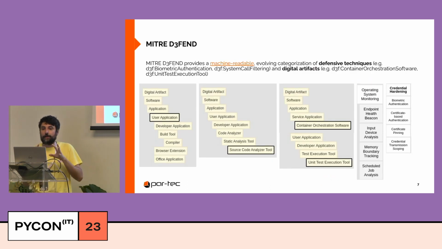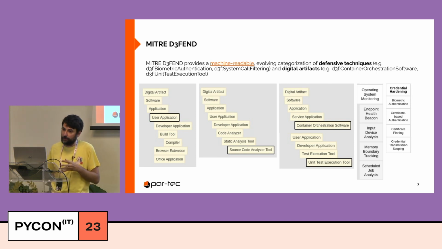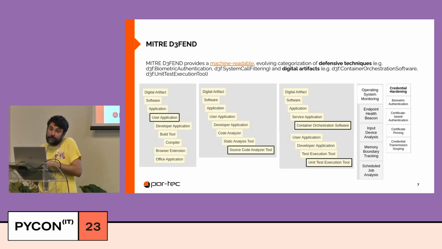So this is a more in-depth design of digital artifacts. We can see that we have a user application that is an application, that is a software, that is a digital artifact, and that it has children, developer application, a build tool, compiler, and we have a source code analyzer tool that is a static analysis tool, and so on.